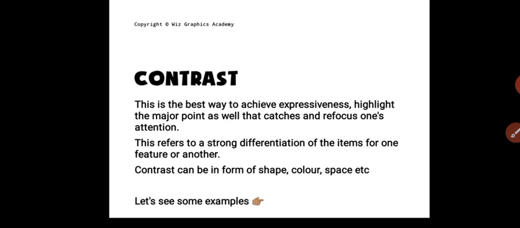Don't worry about all this grammar. I'm going to show you examples and break everything down for you in very simple terms. But first, I want you to understand that contrast can be in form of shape, color, or space. So let's see some examples.